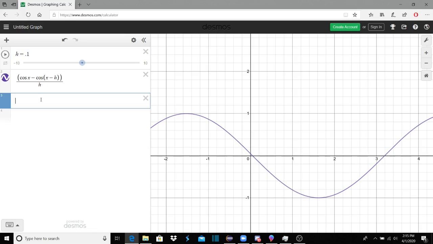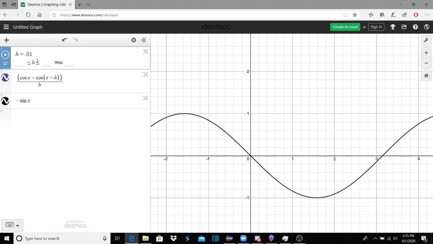And let's put the sine function down. Now, see, this is a positive sine. This is why we get negative sine as our result. If I put minus sine, then they'll nearly overlap. Now, as h approaches 0, they slowly converge to minus sine of x. And that is why the derivative of the cosine is minus sine.